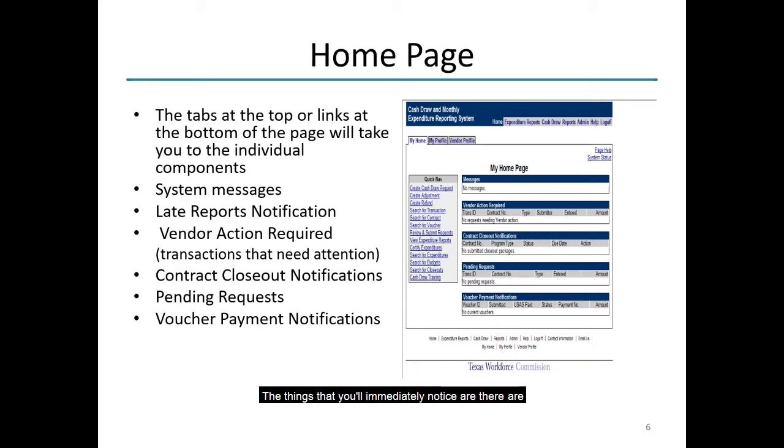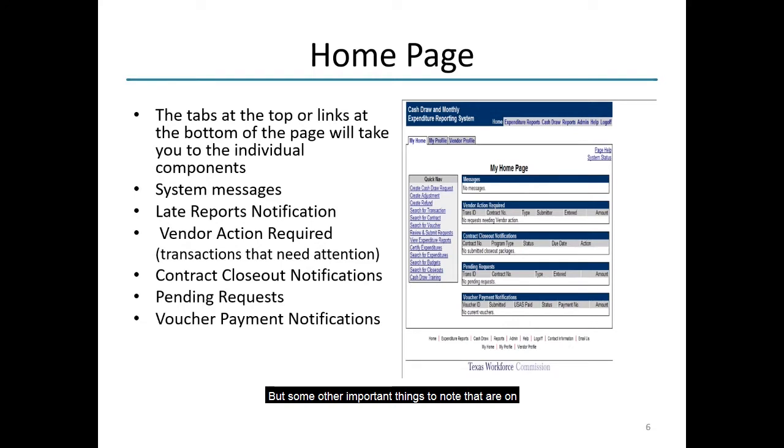The things that you'll immediately notice are there are tabs across the top that go to the individual modules within the system, the expenditure report module, the cash draw module, the reports module, and there's also a help section if you're having troubles. Those links are also at the bottom of the page.